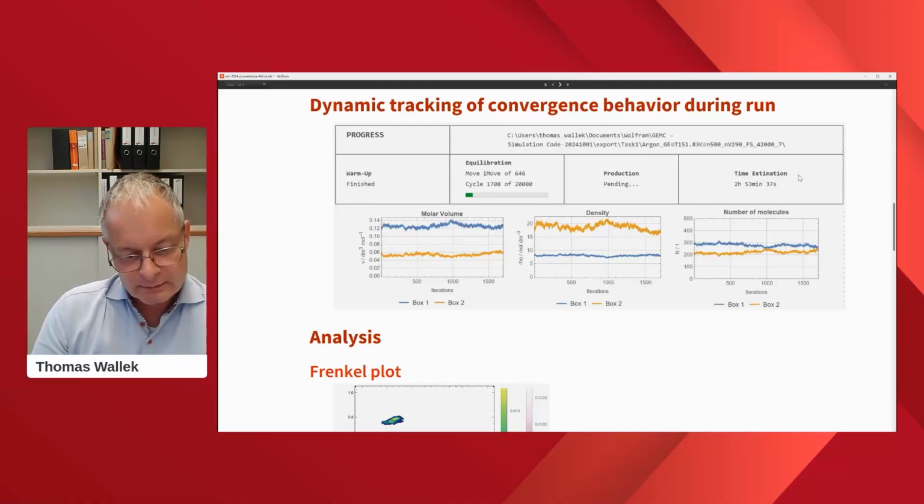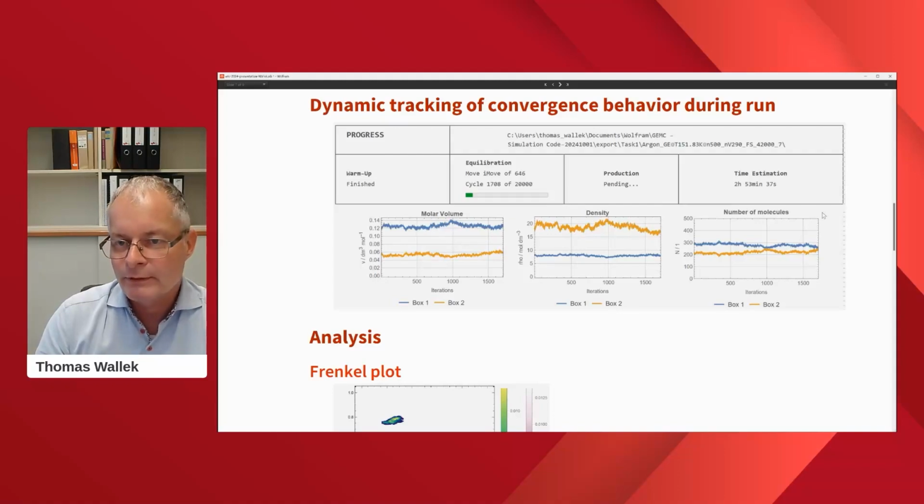And you see, this dynamic tracking is intended to look in from time to time and check whether things like the molar volume, the particle density, or the number of molecules in each box are converging, or if there are issues like oscillations or frequent phase changes in the boxes, which would suggest to abort the simulation and rerun it after adjusting some parameters.